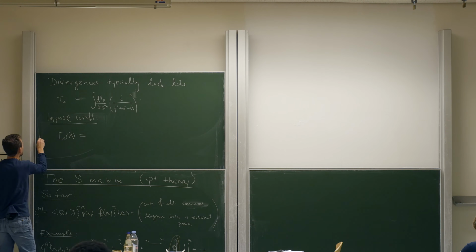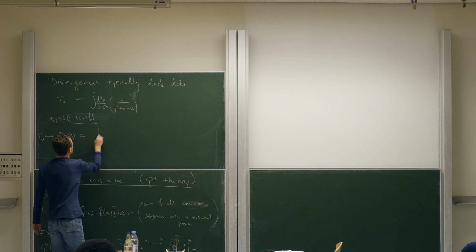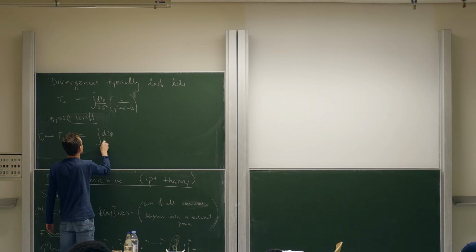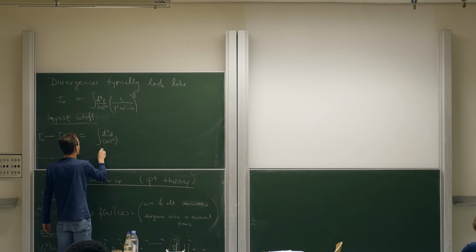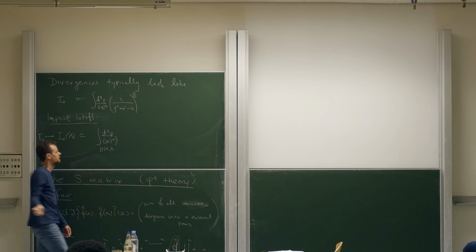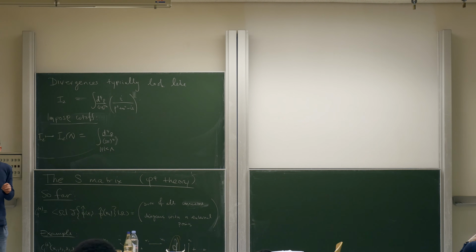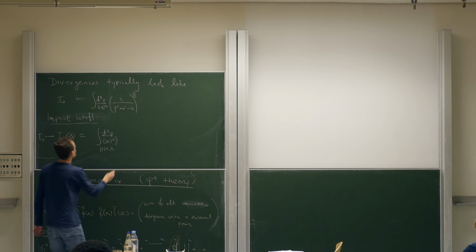So you replace all divergent integrals with integrals depending on this arbitrary cutoff lambda, and you integrate over all momenta which are less than this value of lambda.